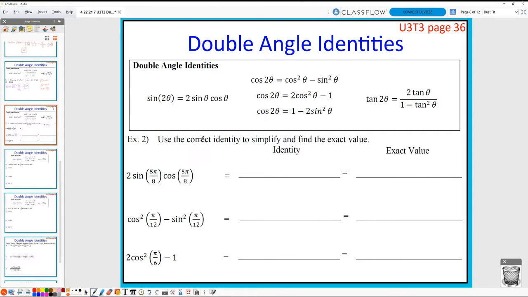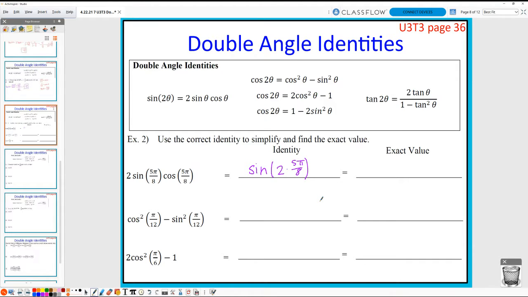Now, using the correct identity, we want to simplify this. So this is basically going backwards, right? So 2 sine of 5 pi over 8 cosine 5 pi over 8. That is obviously going to be this guy right here. So that's the same thing as sine of 2 times 5 pi over 8.